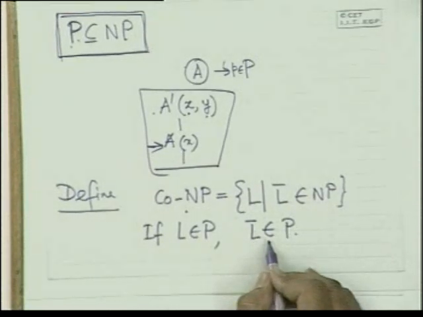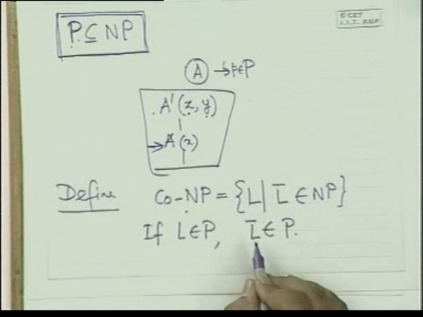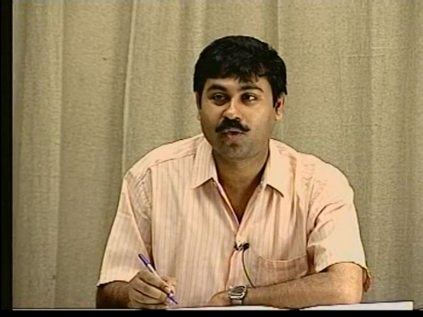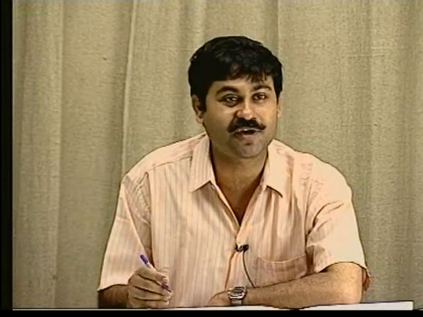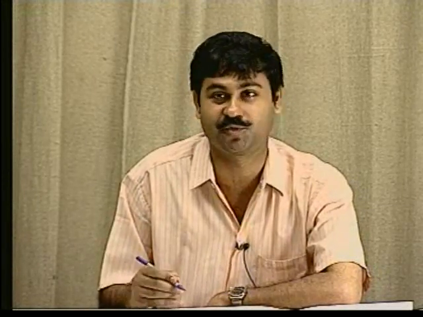What is L bar? Those strings where it is saying no are the strings which constitute L bar. To recognize those strings also, we can run the same algorithm, only just reverse your yes and no, switch your yes and no. That will give you the algorithm for recognizing L bar in polynomial time.